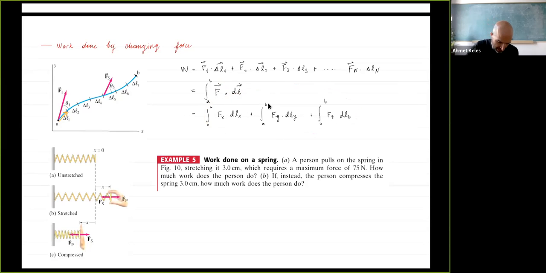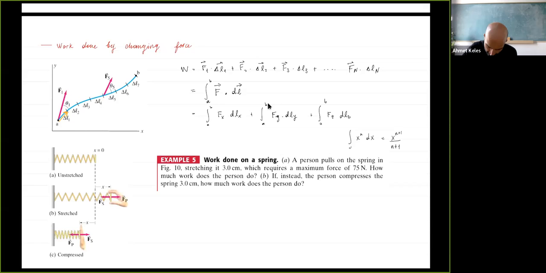And if you are scared of integrals, you shouldn't be, because the only integral we'll use is something like this. If you have an integral of, say, x to the n dx, integral is the opposite of derivative, and if you remember derivative, you already know integral. It is going to be equal to x to the n plus 1 divided by n plus 1.